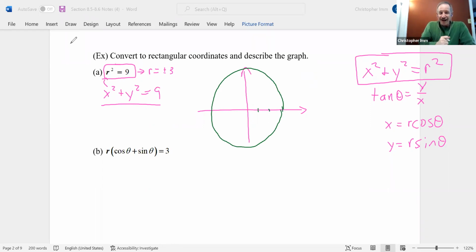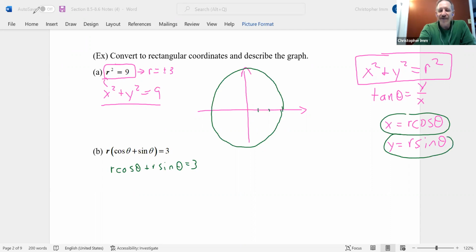We could actually write this one as a polar function, but we might see if we want to convert it over. If we distribute that r through, you would have r cosine theta plus r sine theta is equal to 3. And the reason I might want to do that is because, hey, over here, I have those values.